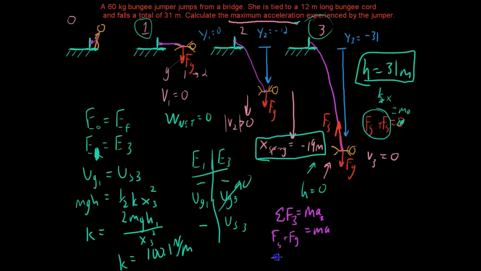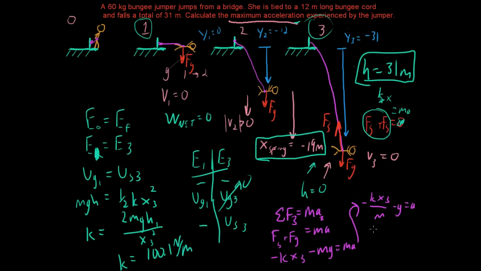So my spring force is just the opposite of k x3, minus mg equals m times a. Bear in mind that my x3 is a negative number. So I'm just going to divide by m, and I'll have the opposite of k x3 over m, minus g, equals the acceleration.